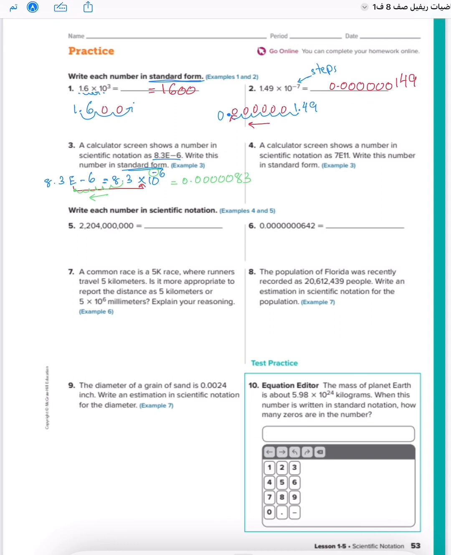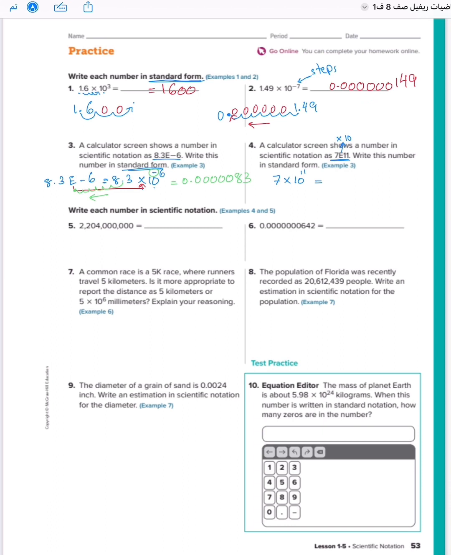Let's see the next one. Same. First of all, we write this as scientific. So it means 7 times 10 power 11. E means times 10. Okay? So how can we write it as standard form?